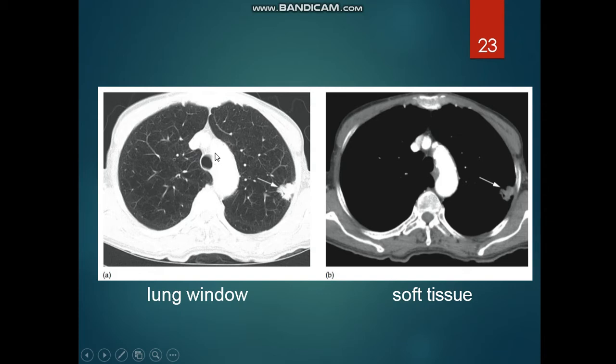Lung parenchyma, whose Hounsfield unit is around minus 500, would be within range, appearing gray. Air pockets around the lung, such as pneumothorax or bulla, would appear black, thus allowing clear differentiation.